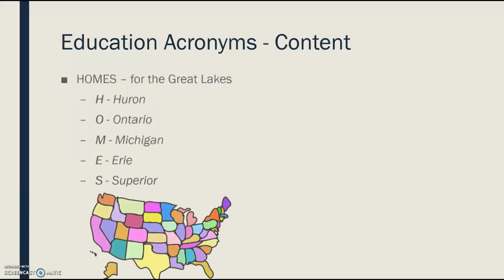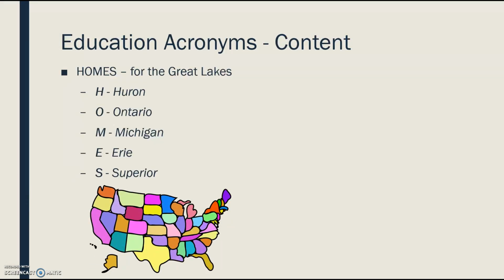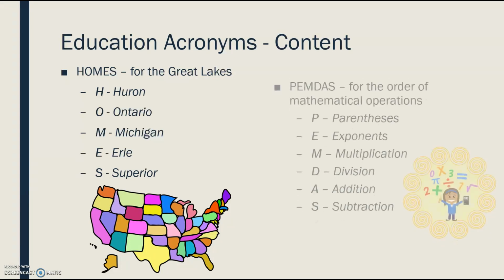So in education, I'm sure a lot of you have already used a lot of acronyms, learning different kinds of content. One example that you often see in the elementary school is HOMES, which is to remember the names of the Great Lakes. So the names of the Great Lakes are Huron, Ontario, Michigan, Erie, and Superior. So for these, we take the first letter from each item and we put them together to create the new word HOMES.